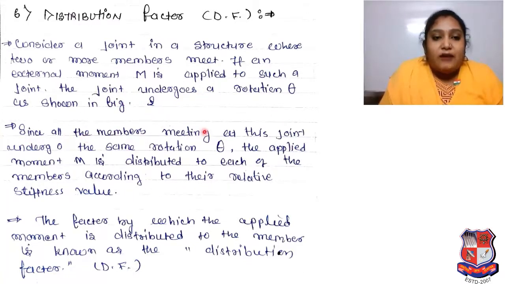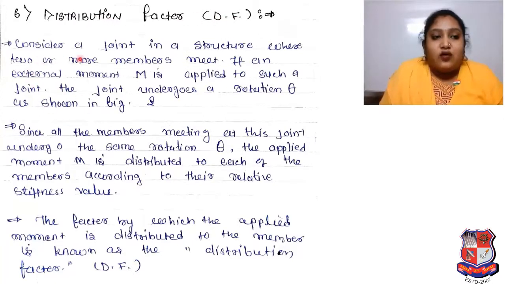Since all the members meeting at this joint undergo the same rotation theta, the applied moment M is distributed to each of the members according to their relative stiffness value. The factor by which the applied moment is distributed to a member is known as the distribution factor, also denoted as DF.